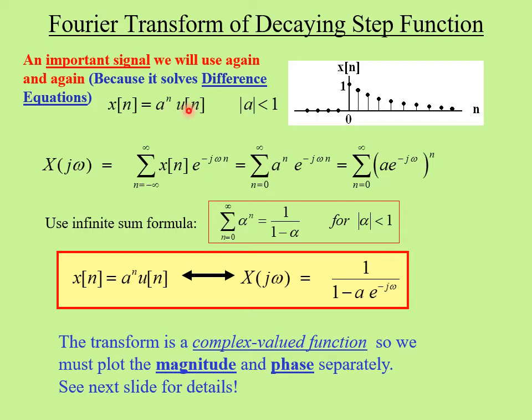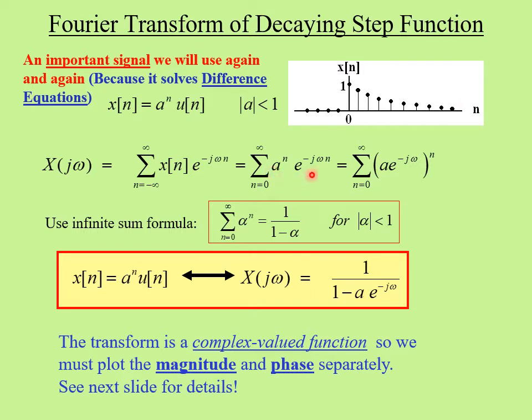Now remember, the step function just means that the signal starts at 0 and only goes to the right, to positive values of n. So the step function tells us we need to replace the limits of summation from negative infinity to infinity with 0 to infinity, because we're only summing from here onto the right side.